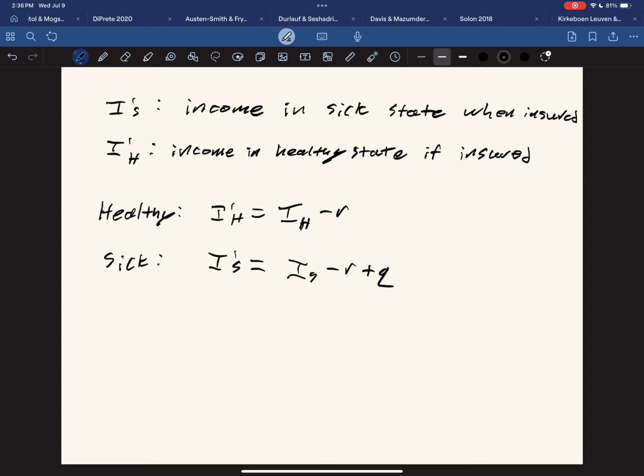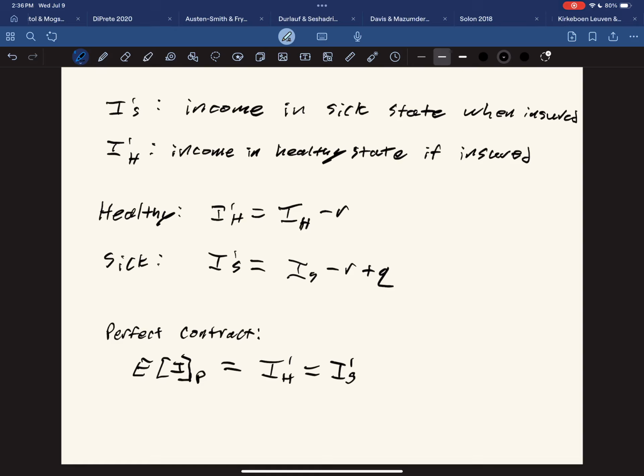So the perfect contract has the expected value of my income equal to I prime H equal to I prime S. That would be my ideal insurance contract, and that is called actuarially fair insurance.